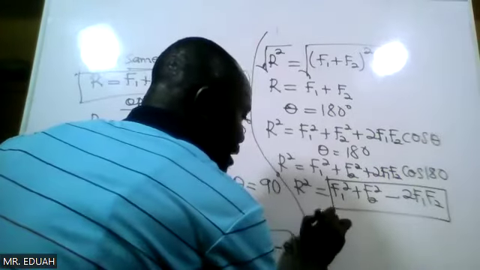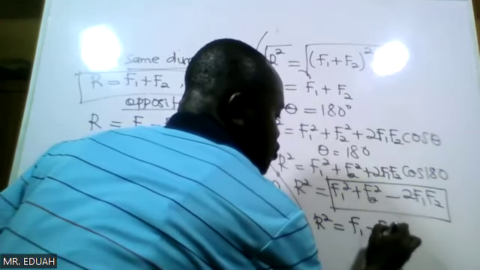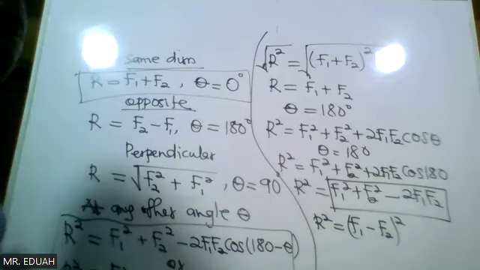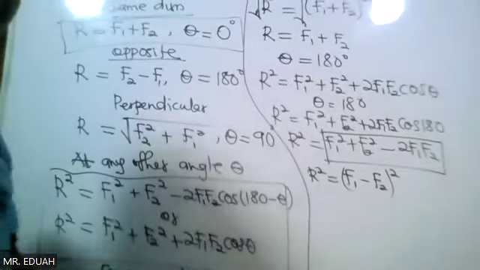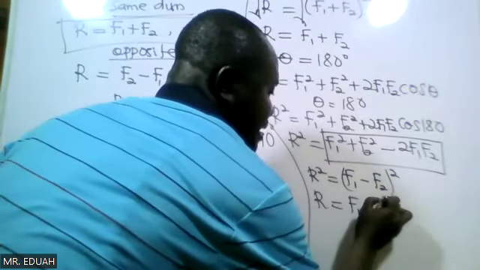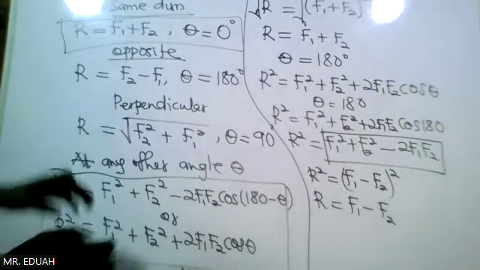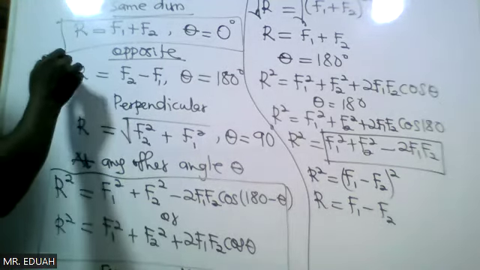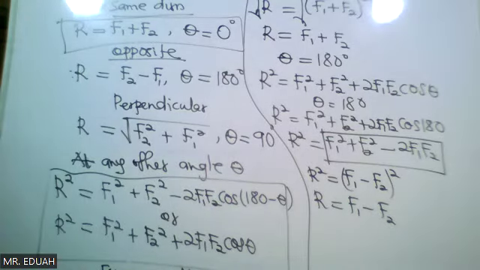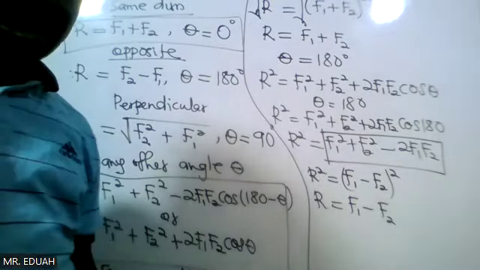So R squared is equal to F1 minus F2 all squared, so that when we take the square root, R is equal to F1 minus F2. So out of the cosine rule, we obtain this formula for two bodies acting oppositely to one another. Of course, this indicates that F1 is greater than F2.